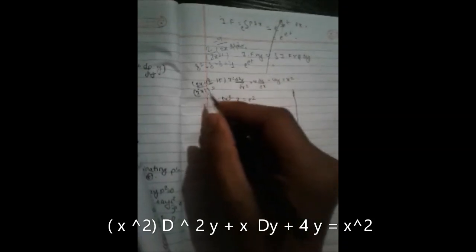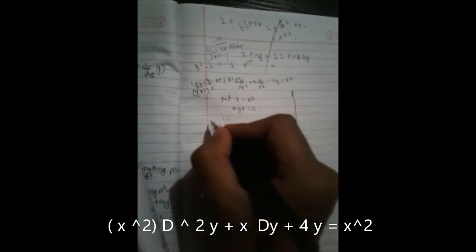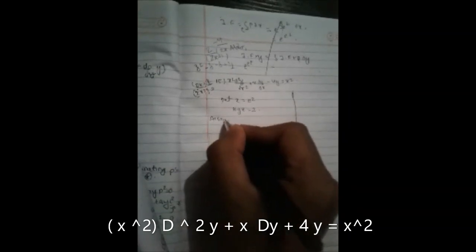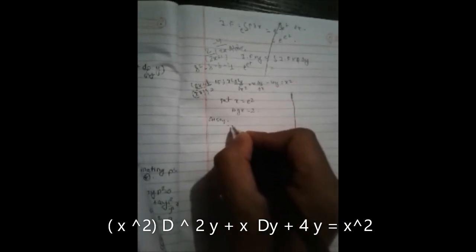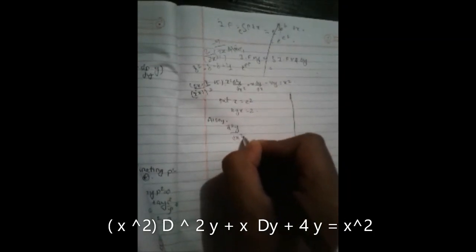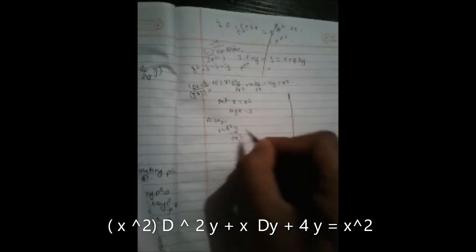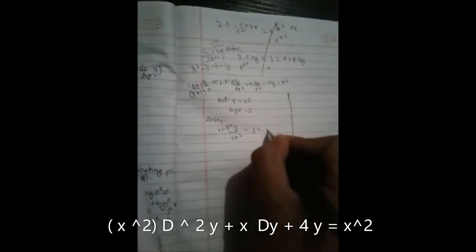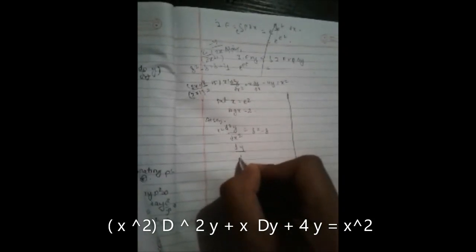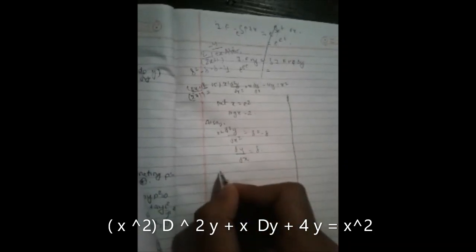Now we must also know that d square y by dx square is equal to rho square minus rho, and dy by dx is equal to rho.